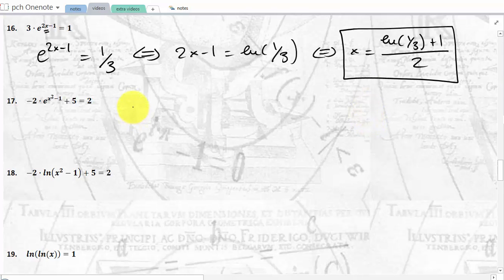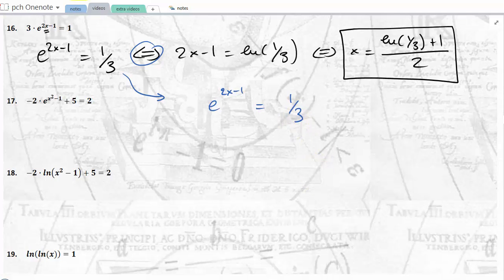Let me give you another way to think about this step right here. I kind of like it, and students usually do too. Another way to look at this, e to the 2x minus 1 equals 1/3, and that's going to be a little bit clearer after the third lecture, is to think of it as applying the function ln on both sides.